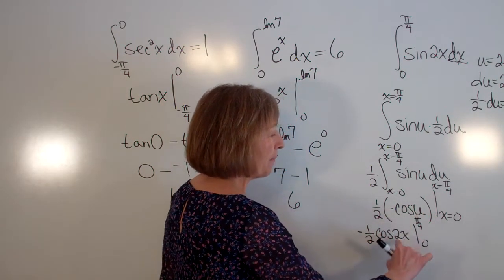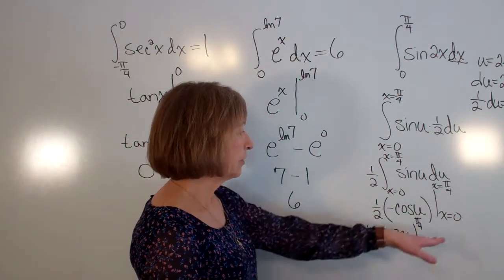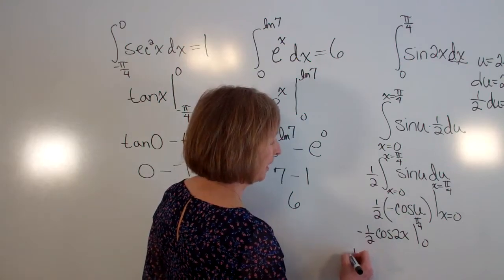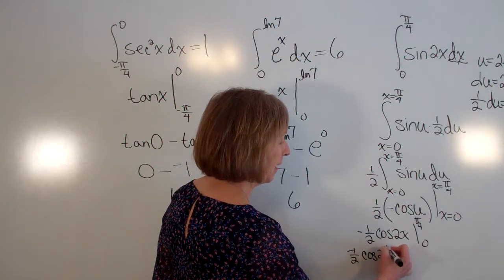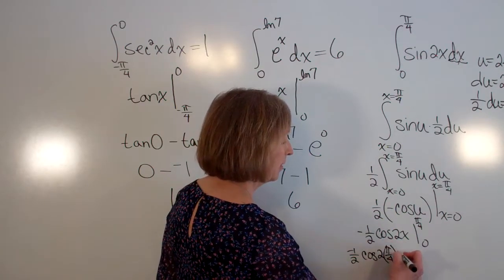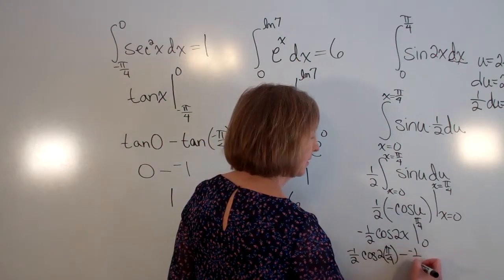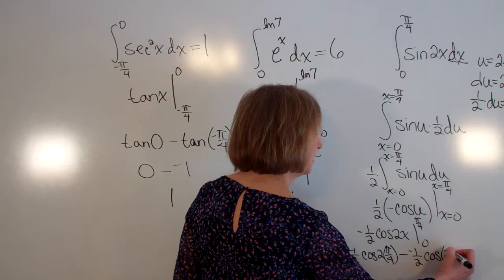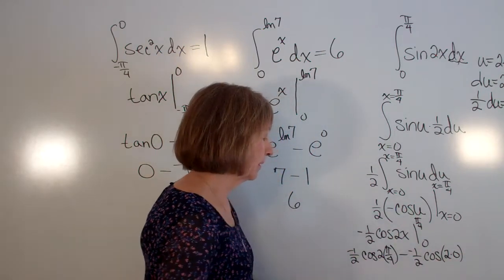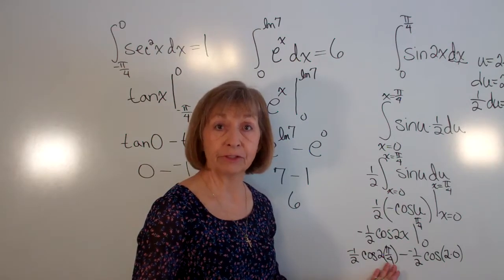So now that I've gone back to the x's, I can just go from 0 to pi over 4. So plug in your pi over 4, so that's negative 1/2 cosine of 2 times pi over 4, minus negative 1/2 cosine of 2 times 0. Well, 2 times pi over 4 is pi over 2.